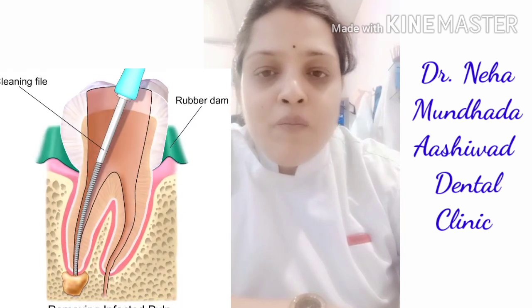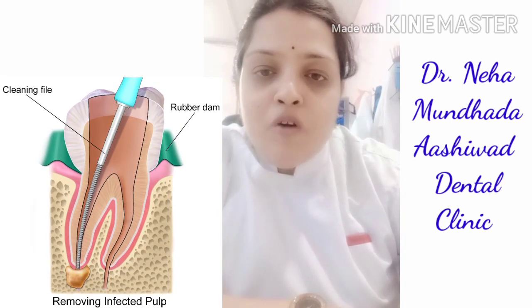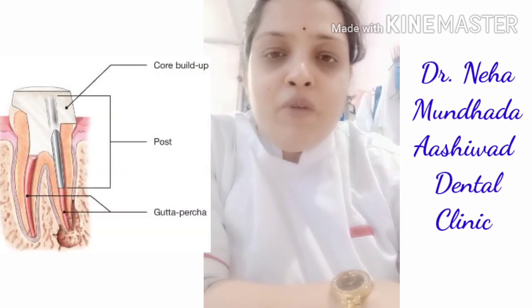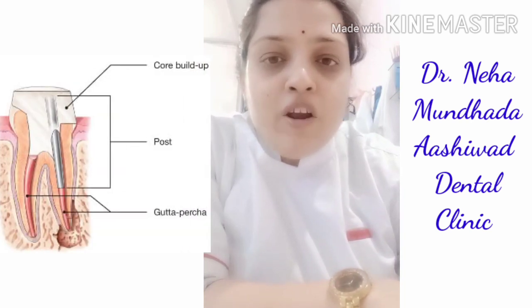After that, we fill it with three-dimensional gutta percha. Filling should be completely done from the apical seal to the opening of the chamber. When the seal is proper, some of the times there is a need of extra material, that is called post and core treatment, if the tooth has not sufficient support.